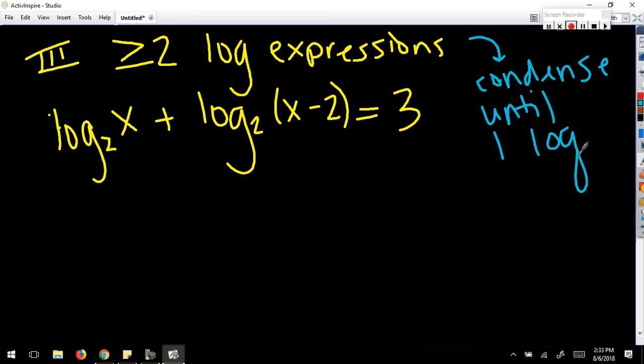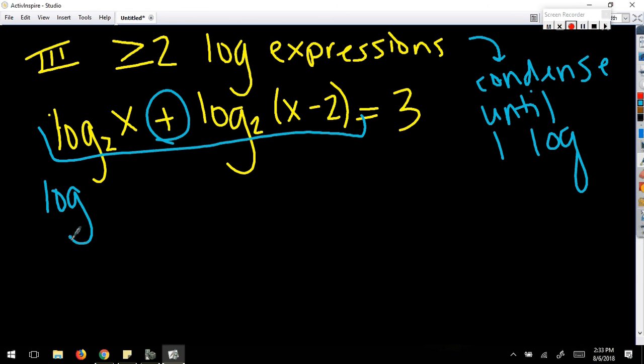So I want to condense until I get down to one log. So if I look here on the left side, I can condense these two. The addition tells me whenever I condense them to multiply, so I'm going to have log base 2 of x times x minus 2, and this whole thing goes with the log, equals 3.